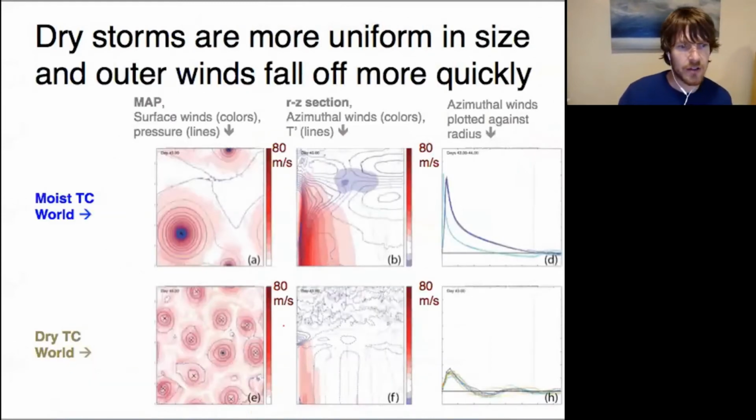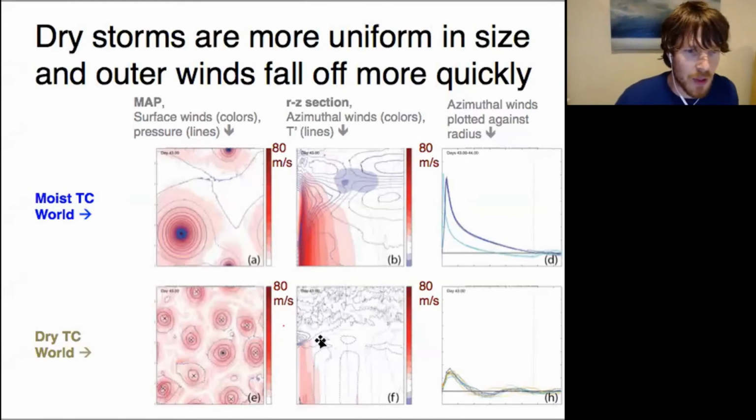Okay. So dry hurricanes look pretty different than normal moist ones in terms of their radial structure and uniformity. For instance, there are a lot of storms in the dry case. So this is showing a snapshot, a map, on the left-hand column. The bottom is showing this dry TC world, and the top is showing the moist simulation.